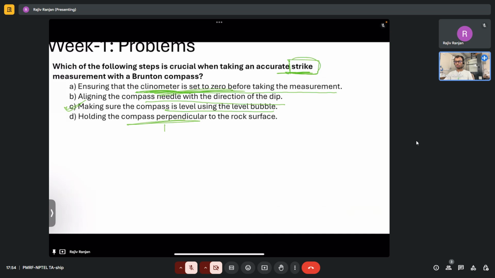What is this used for? This is not as important, because the most important thing is that the bubble indicates that your Brunton is horizontal. And we know strike is measured on a horizontal surface, right?